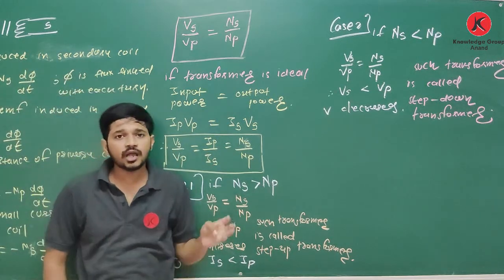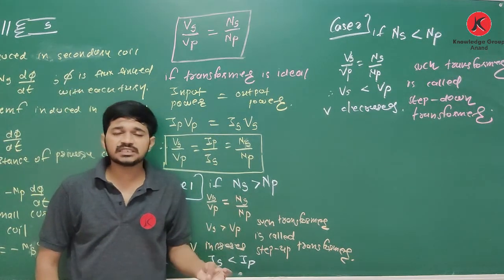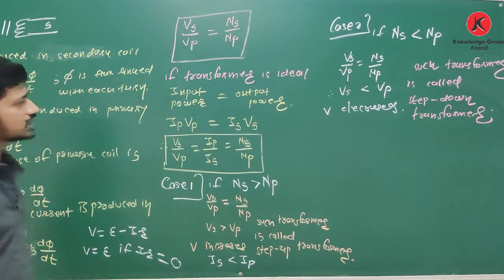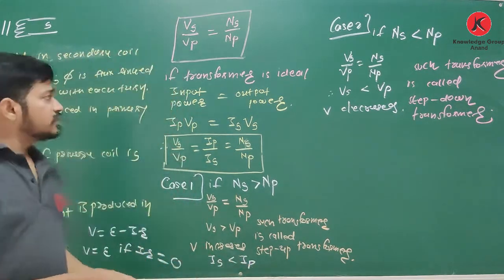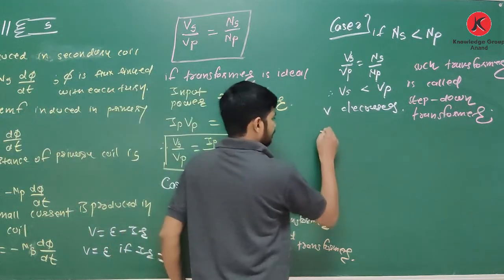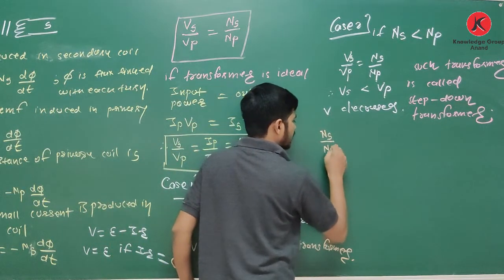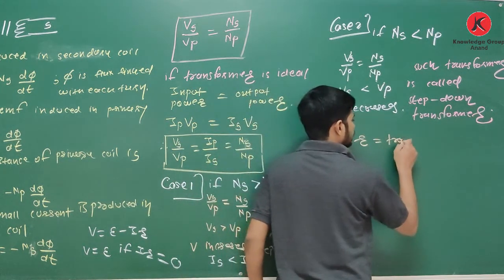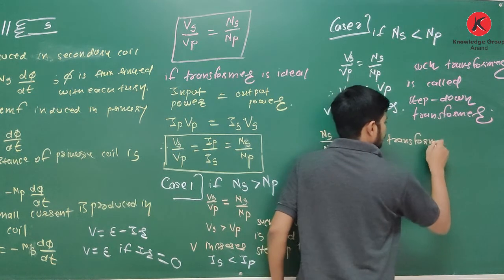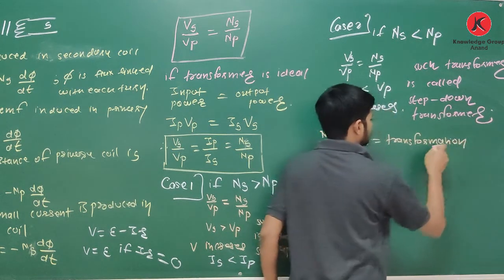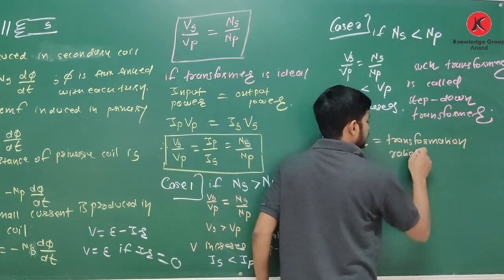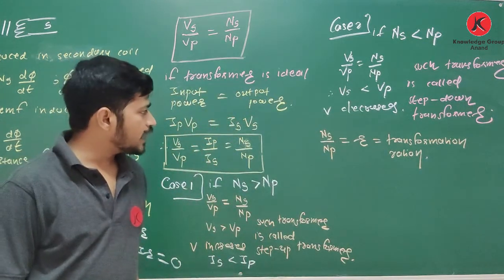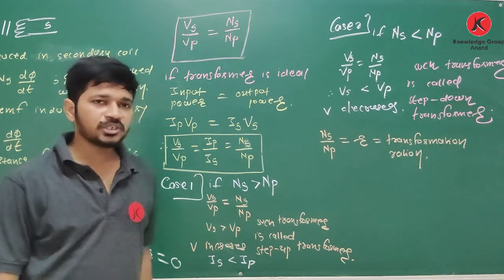What you have to remember is its requirement, its principle, its working, its construction, and such equations. We will see one extra point: Ns upon Np is equal to R, and it is called the transformation ratio.